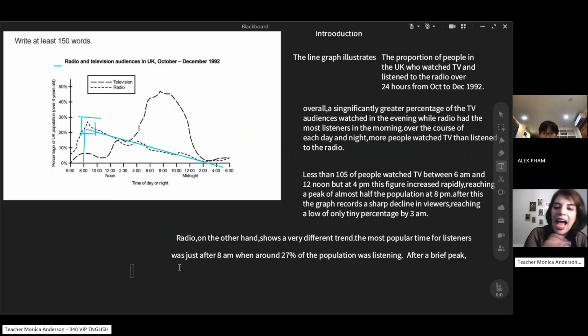So I say after a brief peak, the number of listeners, I want to say fell, I say dropped steadily to, let's see, here, it's about maybe 2%.